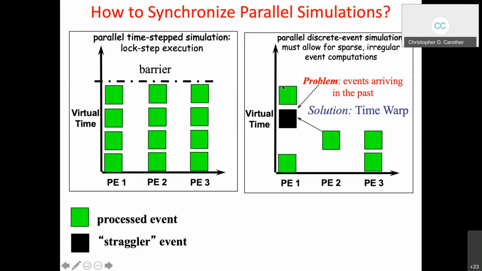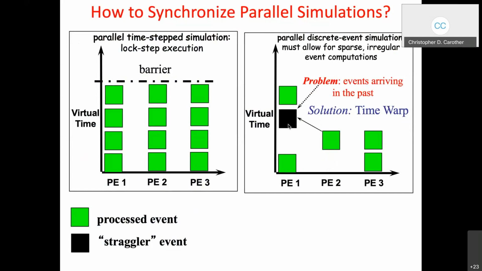So we really need a synchronization approach that allows for sparse, irregularly scheduled event computations. They could be anywhere in the virtual timeline. Here on the right panel we're seeing that it's very sparse, where PE1 and PE3 might have work to be done, but PE2 doesn't. And at the next time, maybe only PE1 has work to do at that point in virtual time.